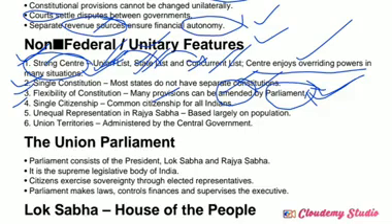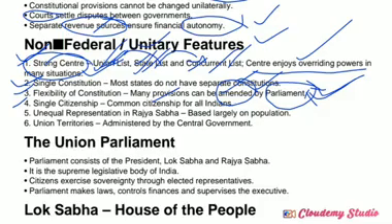We do not call ourselves citizens of Karnataka or any other state. In whichever state we live, we are considered citizens of India. That's why single citizenship also comes under the unitary system itself.